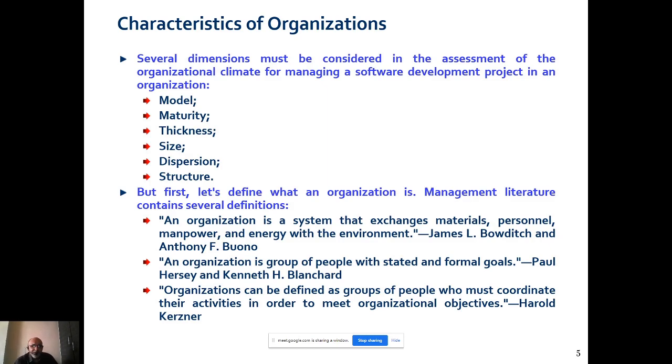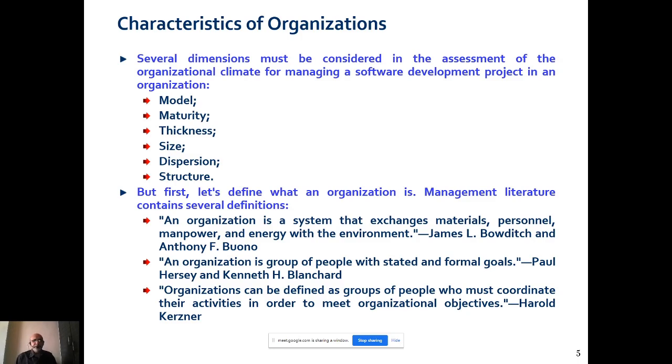We don't want a 10th member there. Size of the organization, that is, 50 employees or 1000 employees. Dispersion, to how many people you will have to communicate information and from how many people you will derive information, right? And the structure, which we will investigate a little later.